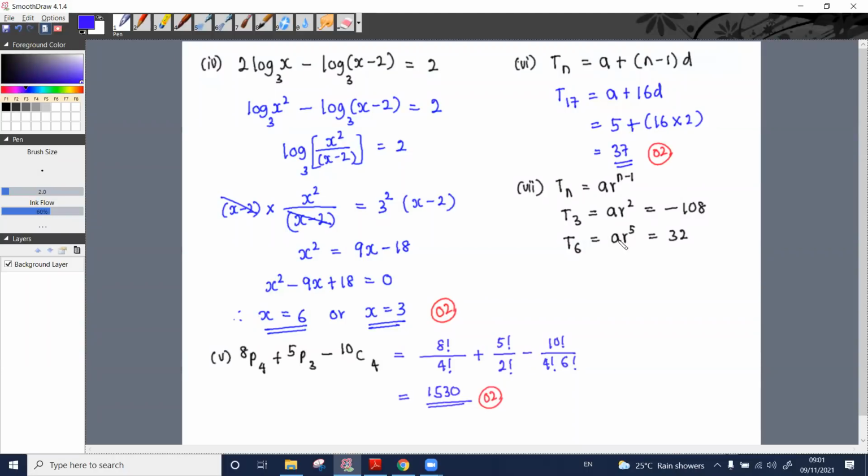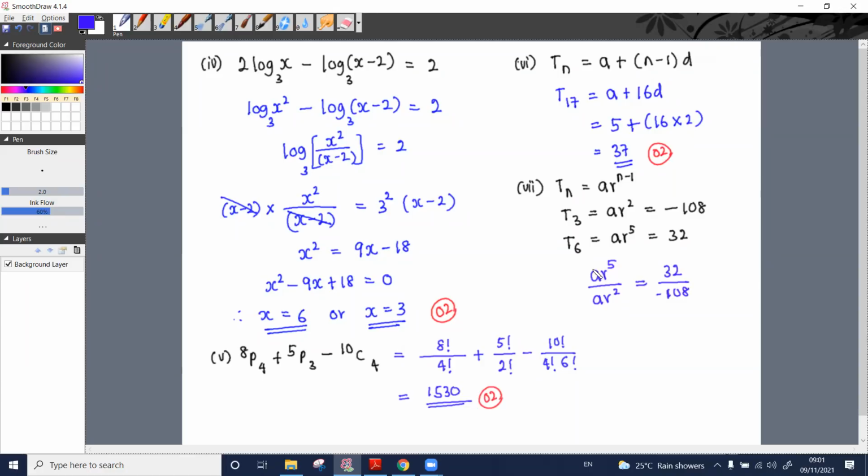See here, ar to the power 5, ar to the power 2. What if we divide this one by this one? If we divide ar to the power 5 by ar to the power 2, it means ar to the power 5 over ar squared equals 32 divided by minus 108.